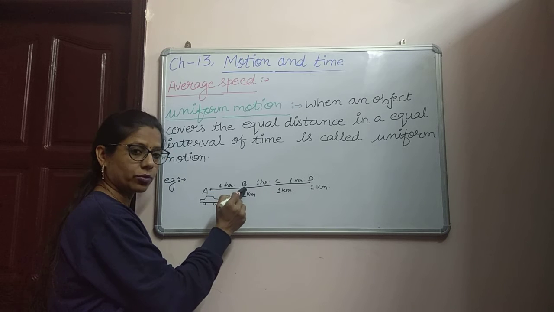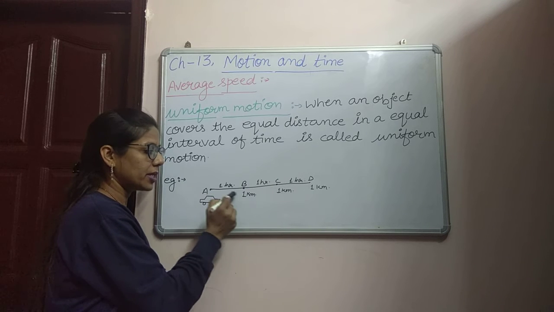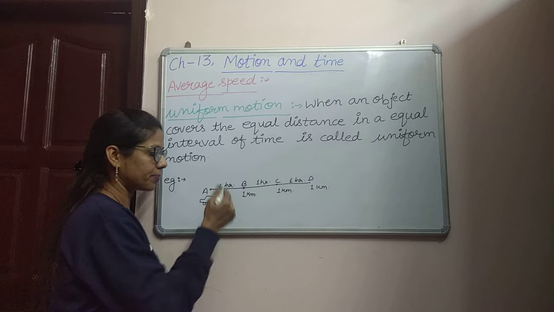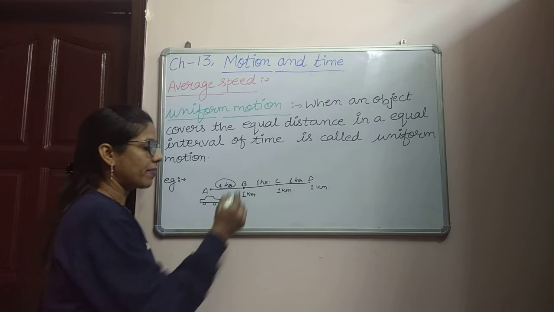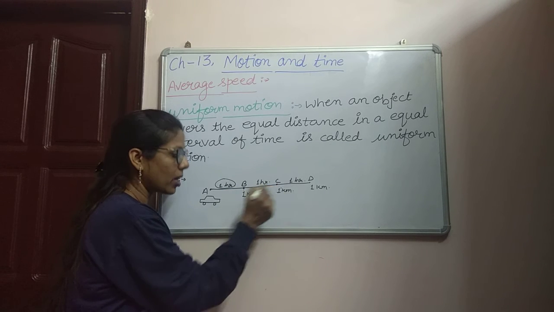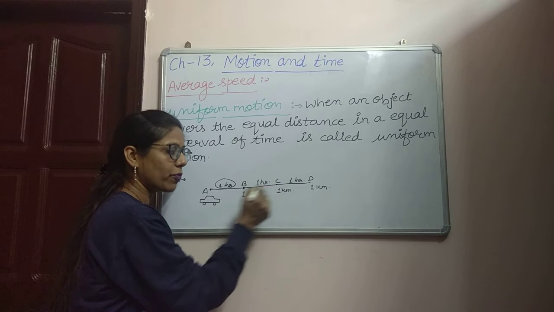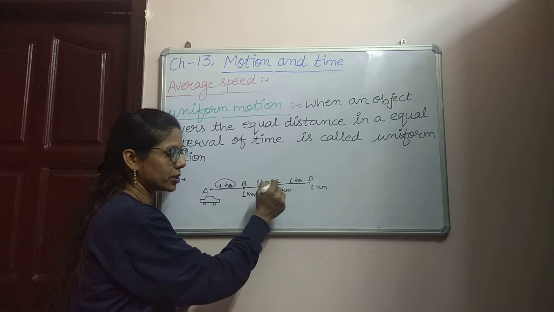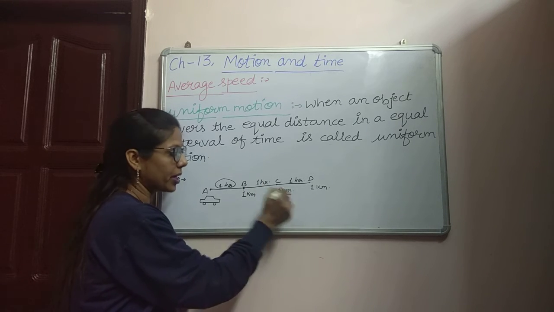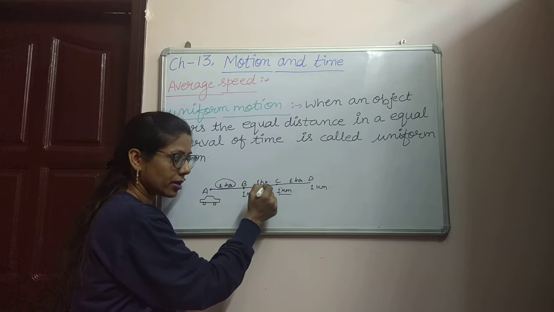For reaching the B point from A, it is covering 1 kilometer and it is taking 1 hour. After reaching the B point, now it has to reach the C point. And again, for reaching the C point, it is covering 1 kilometer and again it is taking 1 hour.